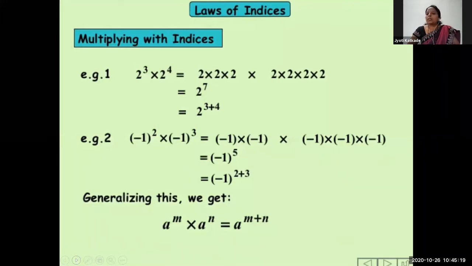Now count minus 1. How many times is minus 1 in multiplication form? 1, 2, 3, 4, 5. Means 5 times minus 1 is there in the multiplication form. So minus 1 raised to 5.